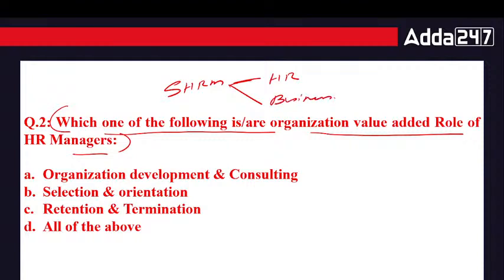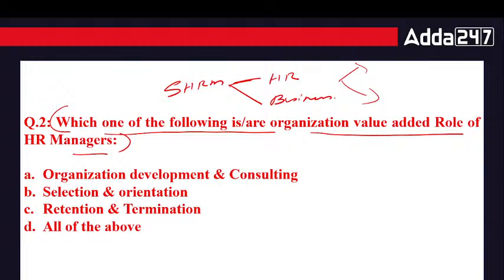You have certain HR activity and that should align with your business activity as well. It will not be like HR activities going somewhere else and business going somewhere else. So HR and business activity should be aligned.